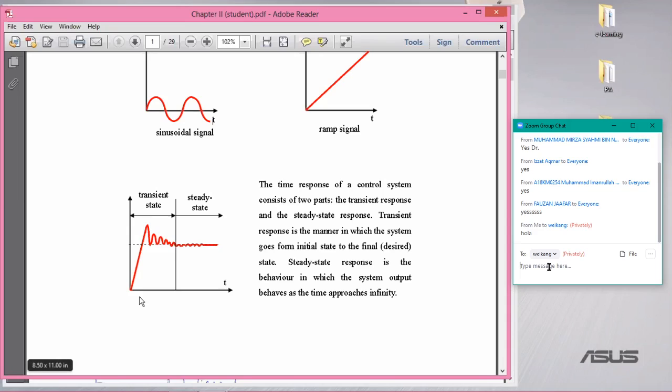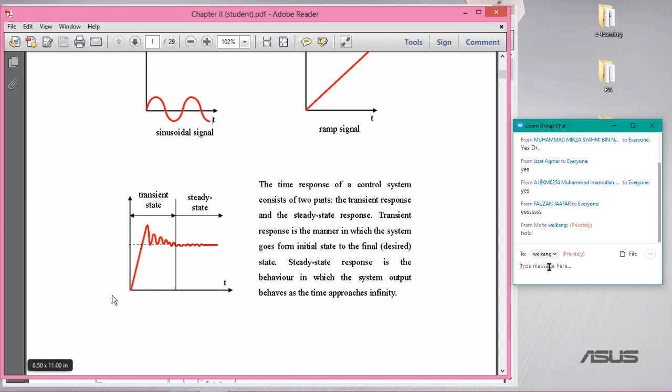When the system is subjected to a certain input signal, the output is going to respond. The response is divided into two parts. It's going to take some time before it reaches a final value. This is called the transient state. When it has reached the final value, we say that it is in a steady state response. This is in general.